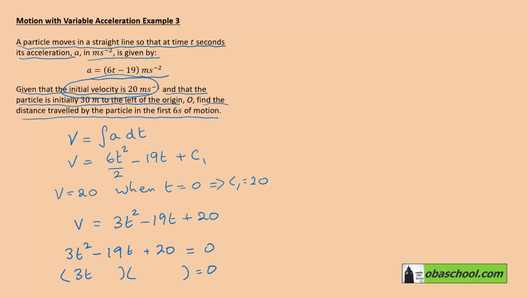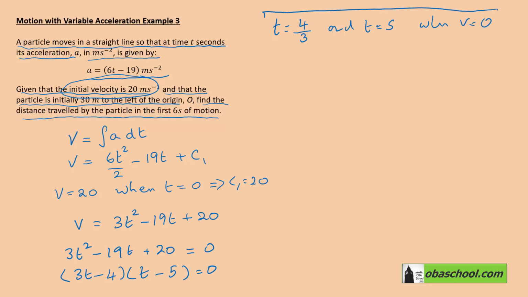So if I have 3t and t, 5 and 4, and make them both negative, that works. And so I'm going to get that t is equal to 4/3 and t equals 5 when v equals 0. Now this is important, and we'll come back to this later, so I'm just putting a box around that to highlight it.